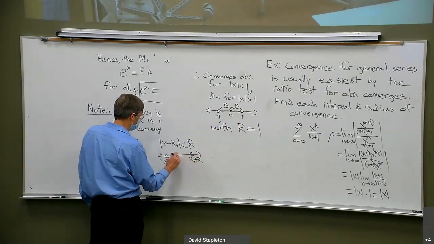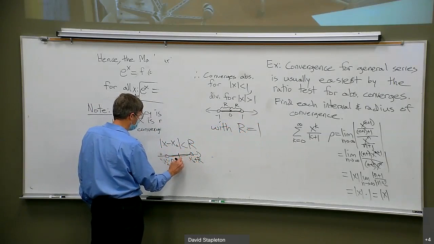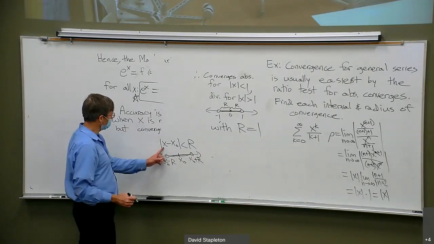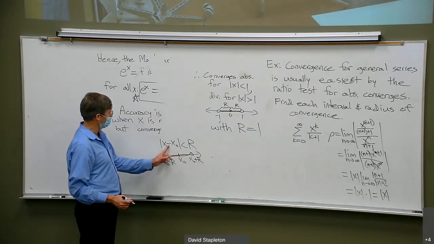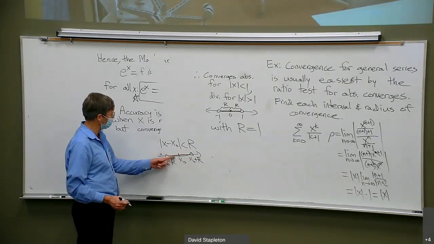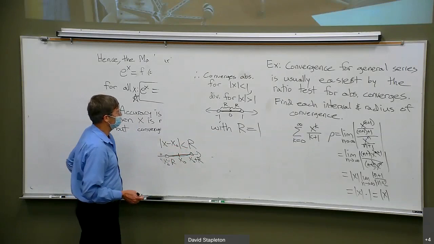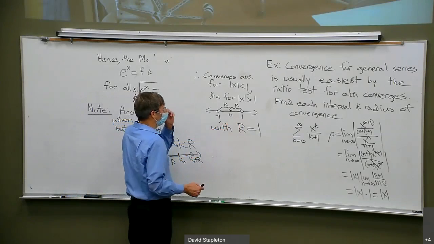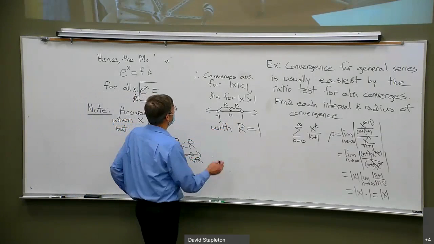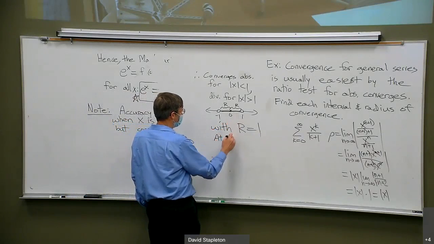So this inequality means this interval, if you think about it. It means the difference between x0 and x is less than r, so you go r to the right, r to the left, and it has to be in between here for this difference to be less than r. Anyway, so we have radius of convergence 1, and we check the endpoints separately, starting with x equals 1.